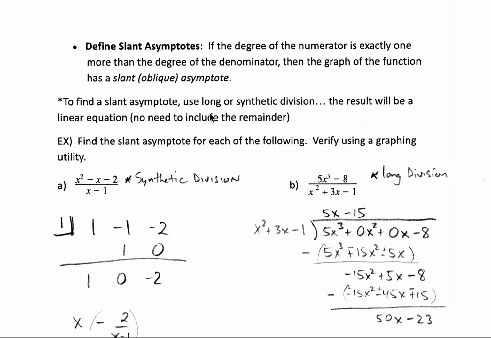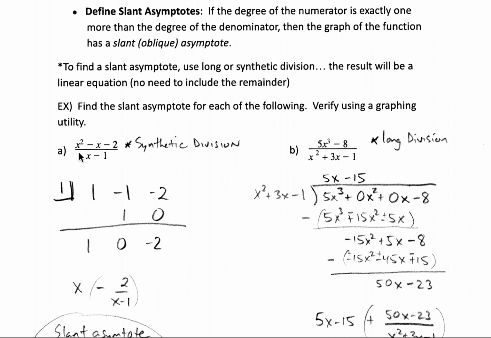In order to find the equation of your slant asymptote, we're going to use either synthetic division or long division. Either way, we're going to divide. In this left case here, we have just a basic binomial on the bottom, and we can just think about its 0 and use synthetic division to divide.